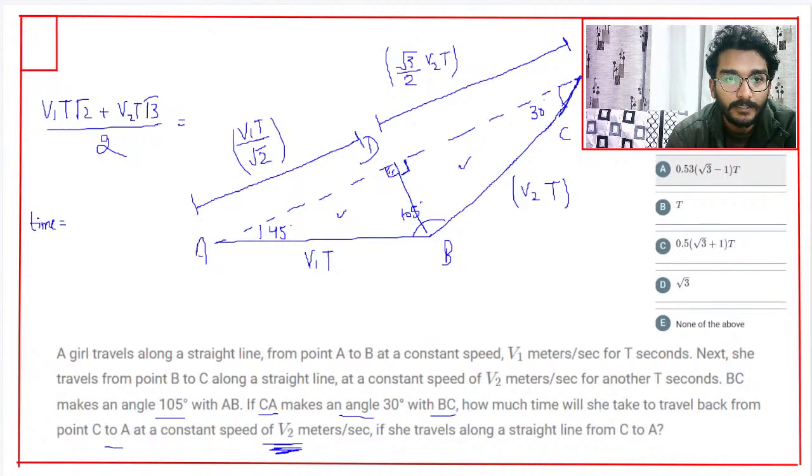So when I find this BD value, it would be v1t by root 2, because it's an isosceles triangle, and the same BD can be found from this triangle with the help of sine 30, and that would be v2t by 2. So these values are equal.